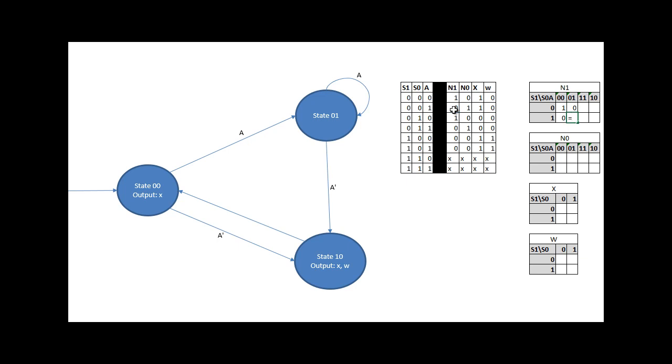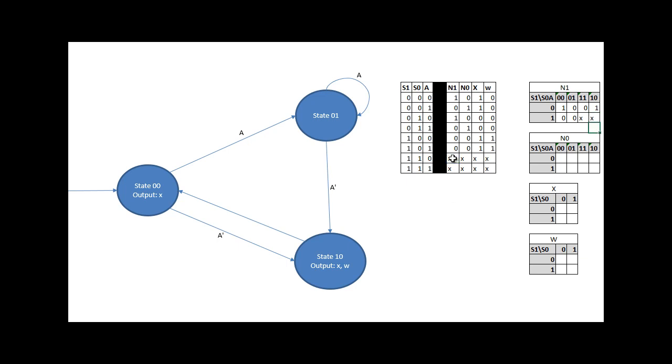If you're at state 1,0 and 1 is asserted, then N1 is here. If you're at state 0,1 and 1 is asserted, N1 is this one. If you're at state 1,1 and 1 is asserted, N1 is here. If you're at state 0,1 and 0 is asserted, then N1 is here. If you're at state 1,1 and 0 is asserted, N1 is this guy here.